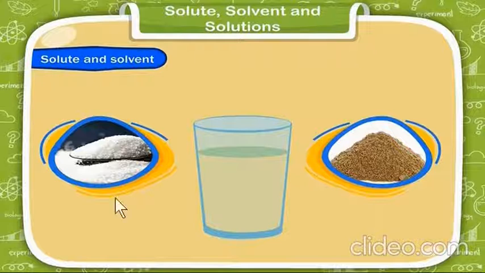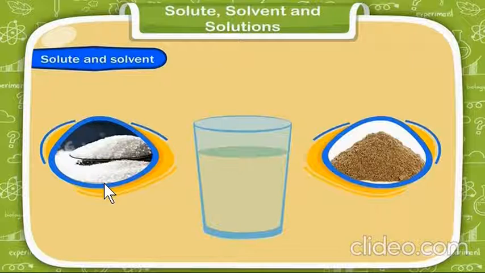Here I am showing you three different types of substances. Can you identify which one is solute and which one is solvent? Yes, water is the solvent, and these two materials over here, sugar and sand, are solutes. Solutes are further divided into two categories: the ones which get dissolved in another substance, and the ones which do not dissolve or disappear in the substance.